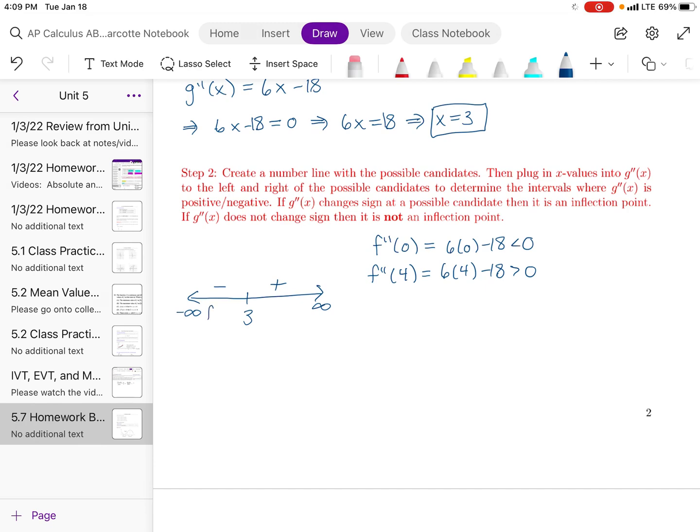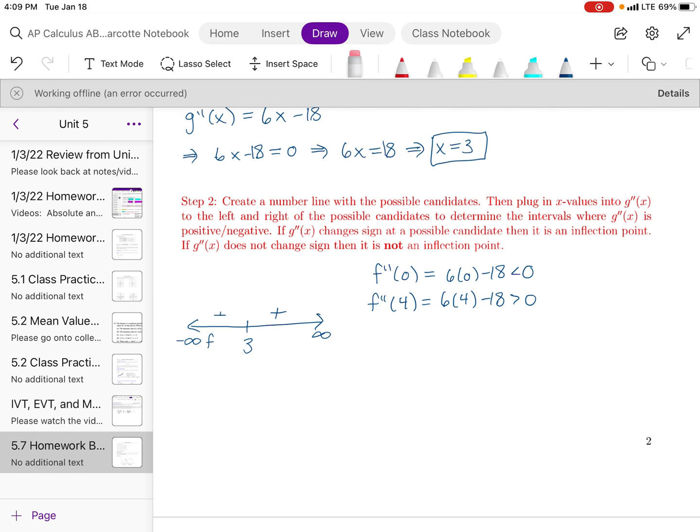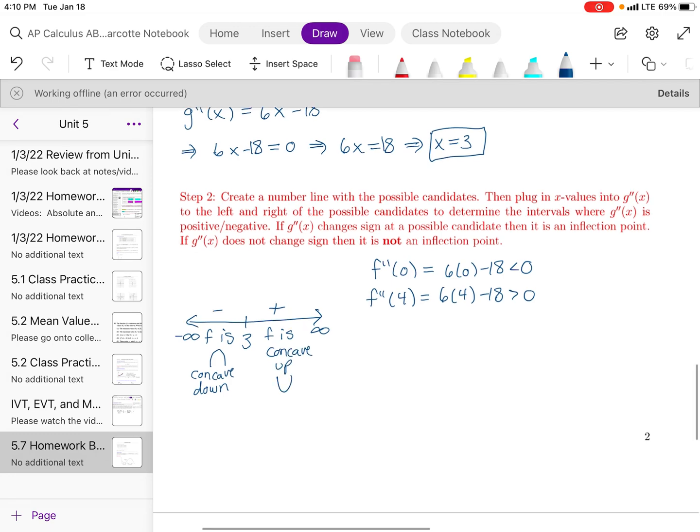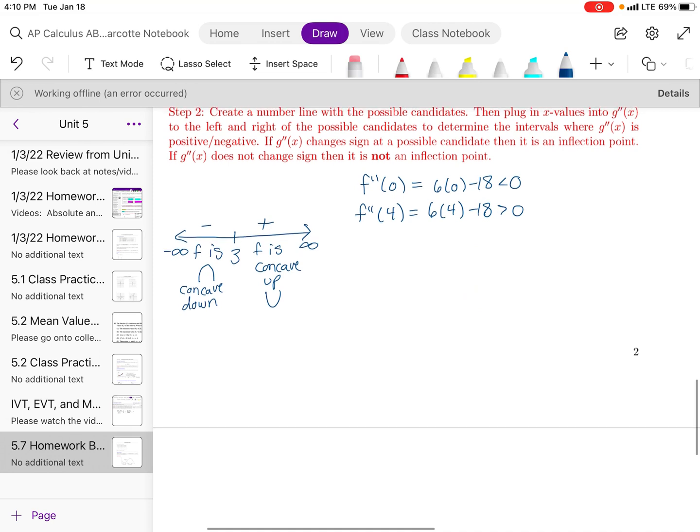And in particular, just note that f is concave down. Just note that means concave down. And then f is concave up.